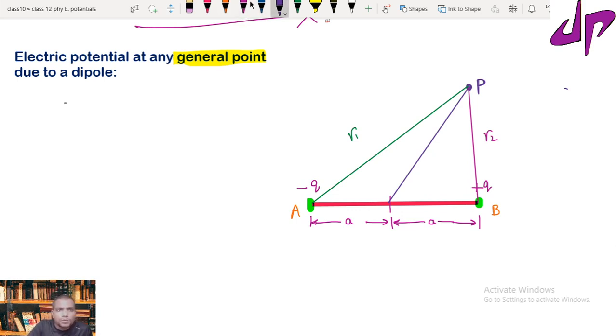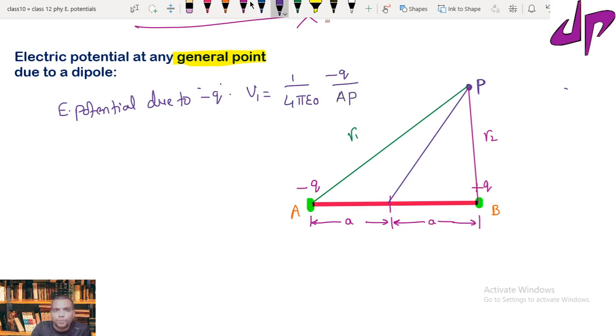The electric potential due to minus Q charge, we can take as V1 equal to 1 over 4 pi epsilon naught times minus Q upon the distance, let me consider the distance as A to P. Similarly, the electric potential due to plus Q, V2, equals 1 over 4 pi epsilon naught times plus Q upon the length B to P.